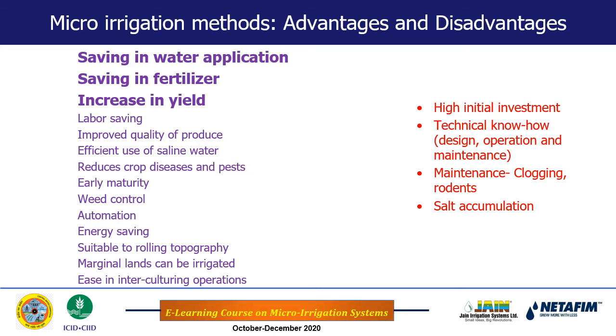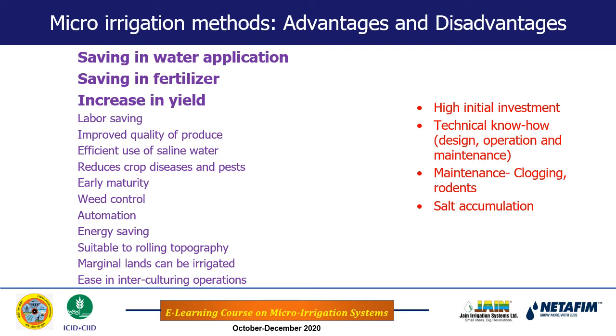And the third major advantage is increase in yield. This increase in yield, of course, is because it is possible in the case of the drip irrigation method to maintain the desired level of moisture content in the root zone, which is not possible in other methods. And as we can maintain the moisture content in the root zone near field capacity or in the desired range throughout the crop growth stage, and as we can apply water as per the required amount, there won't be any water stress to the crop.